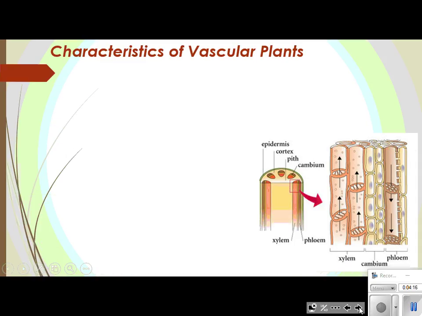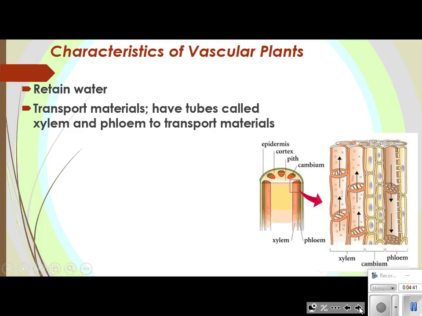Now, the diagram here is of the vascular tube. So let's talk a little bit about them. They retain water. They transport materials.